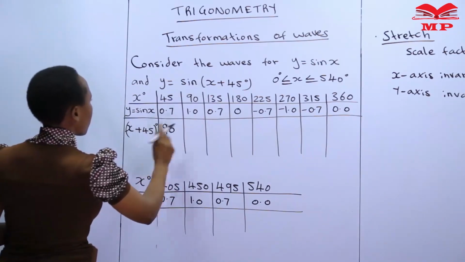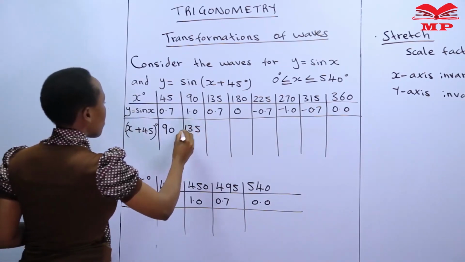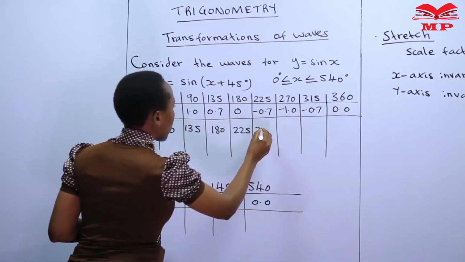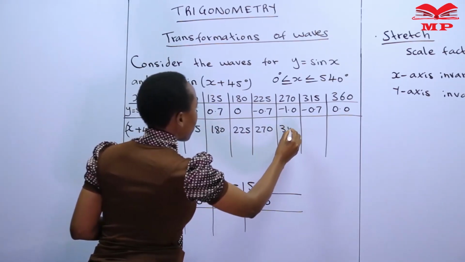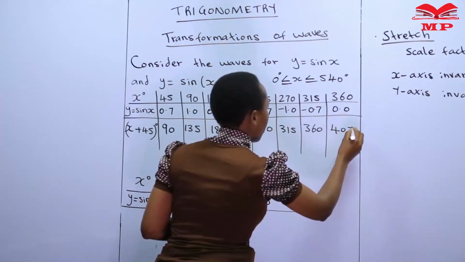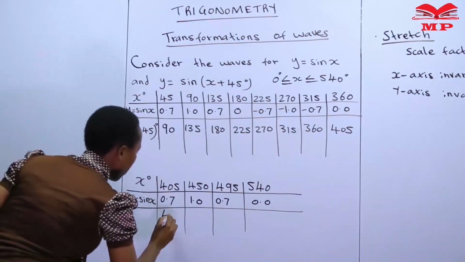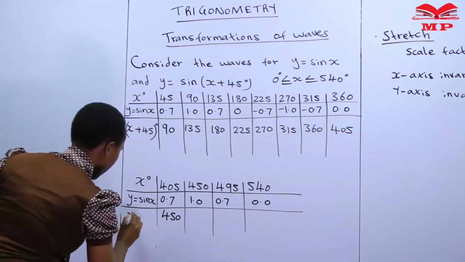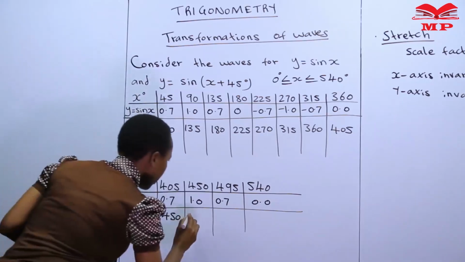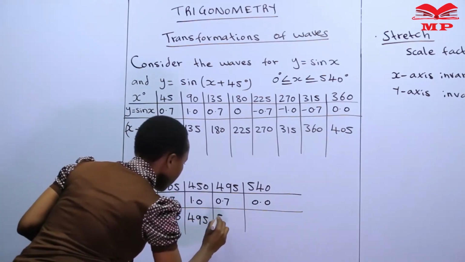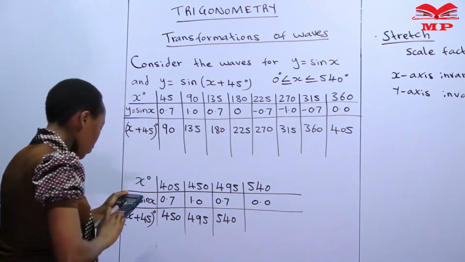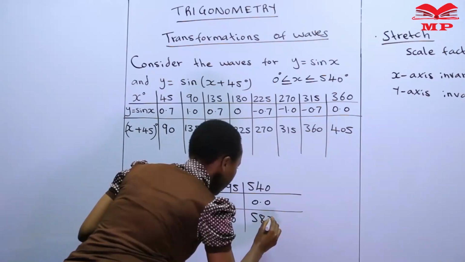Then 90 plus 45, we get 135, plus 45, 180, we get 225, 270, 315, 360, 405. Then we get 450, that is for x plus 45 degrees. Then we get 495, 540. Then finally we have 540 plus 45, that is 585.